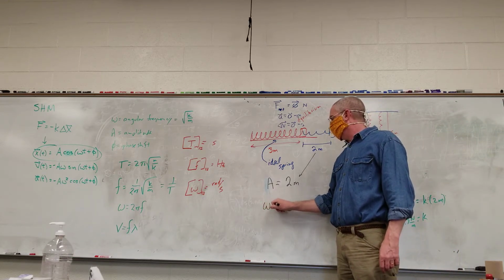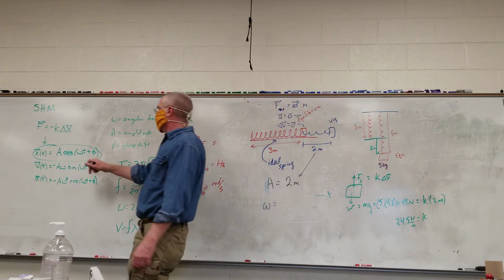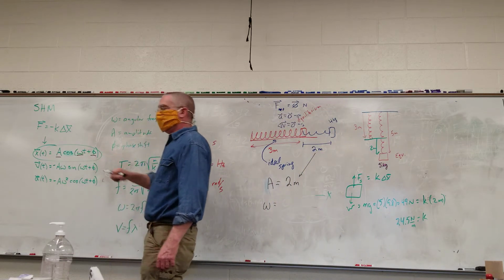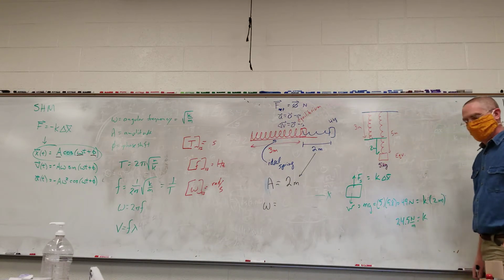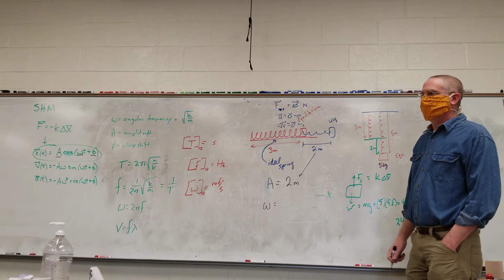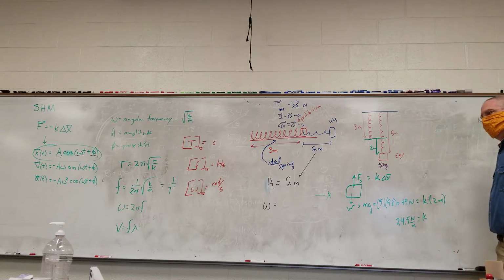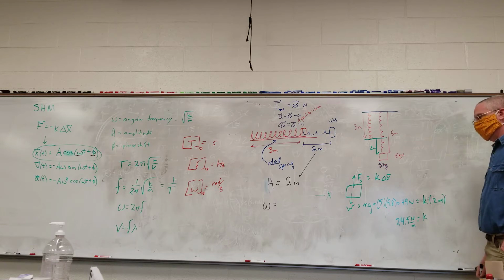Omega. We've got A, we now need to do omega and phi. How do we find omega? You just do the square root of 24.5, you have to divide the spring constant of 24.5 by the 2 meters that it traveled.